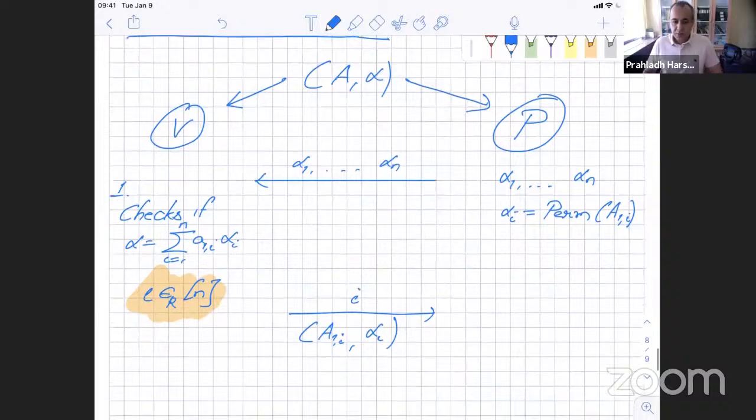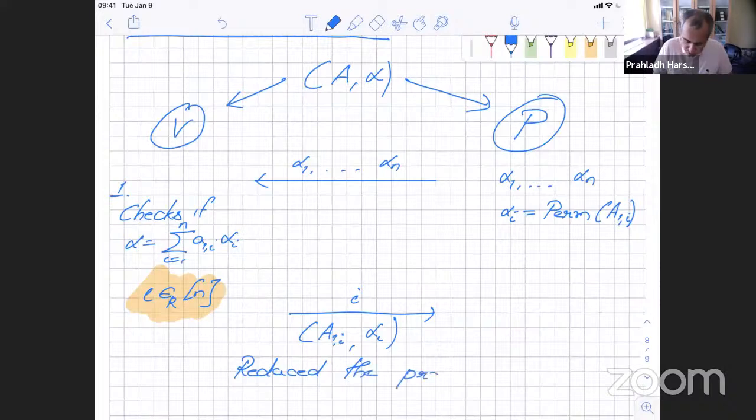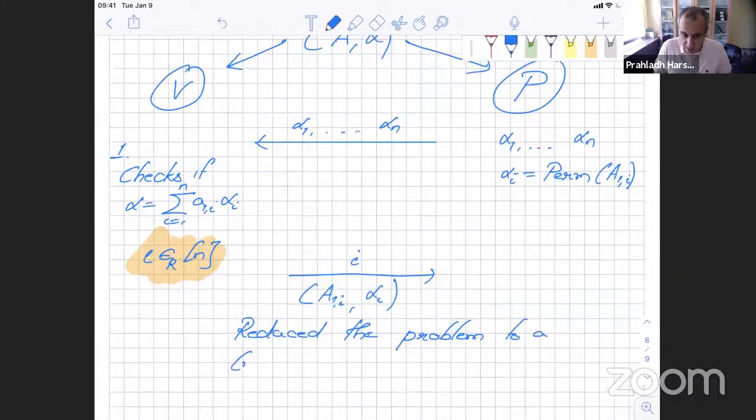So you reduced the problem to an n-1 by n-1 setting, to check if perm A1i equals alpha i.